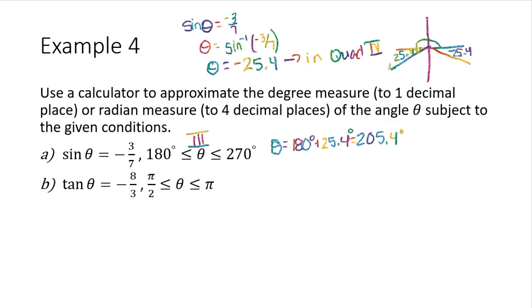Now, this we can turn over into radians if we want to by multiplying by pi over 180. It's going to give us a messy decimal there, so I guess we can just take this and multiply it by pi over 180. 2 over 5.4 times pi over 180 is going to give us, taking 4 decimal places, 3.5850.